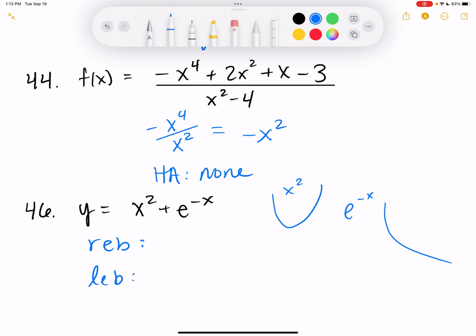This left side of my graph is the e to the negative x. This other part is starting to go up for the x squared part. So the left end behavior is going to be e to the minus x. Right end behavior in this case is going to be x squared.